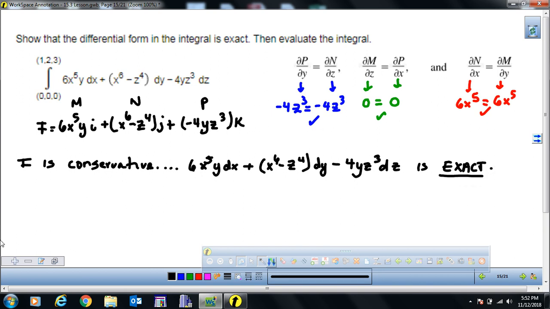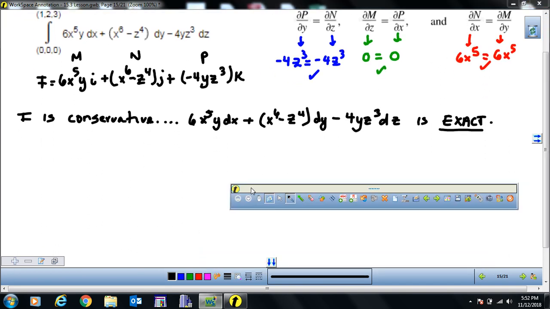And by exact we mean that if we get the potential function of this field, we can evaluate the potential function directly at these limits instead of having to integrate this.